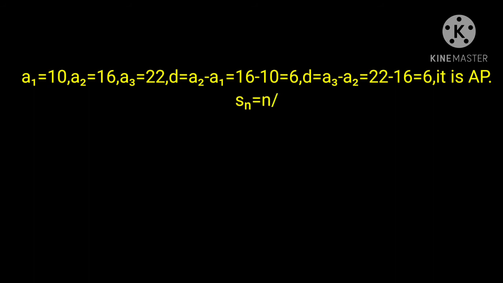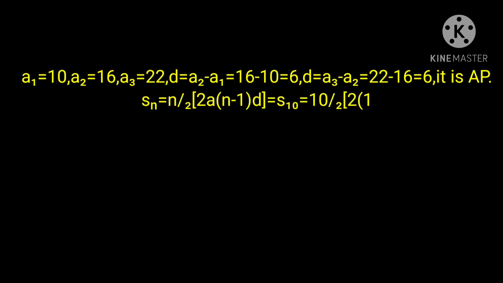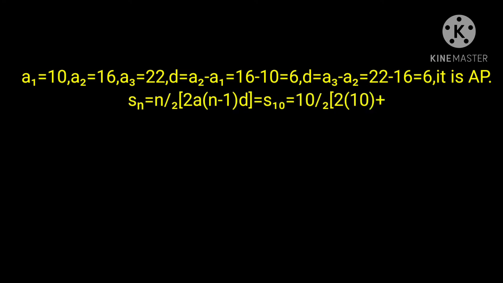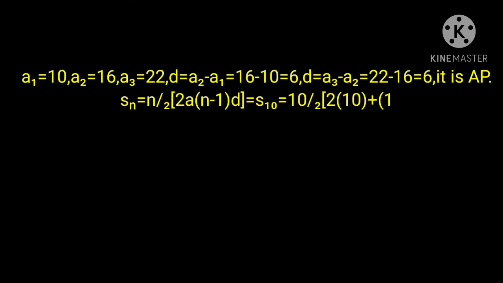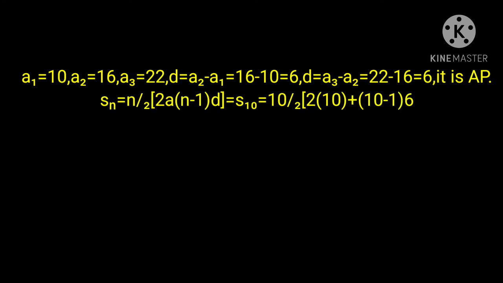Then the formula Sn is equal to n by 2 into 2a plus n minus 1 into d. So this is the formula used for finding the sum of n numbers or n terms. Then we can substitute here, n value is 10. S10 is equal to n is 10 by 2 into 2a, a value is 10, plus n is 10 minus 1 into d, we got just now 6.